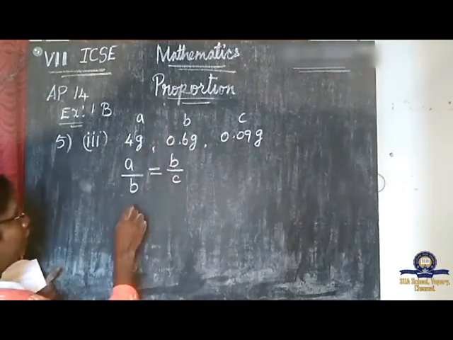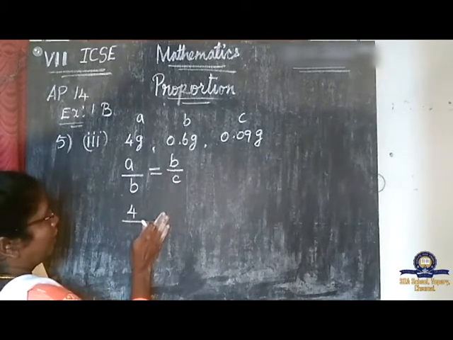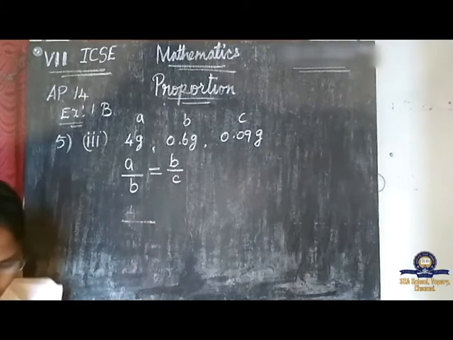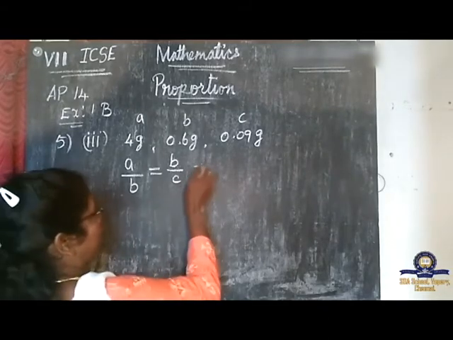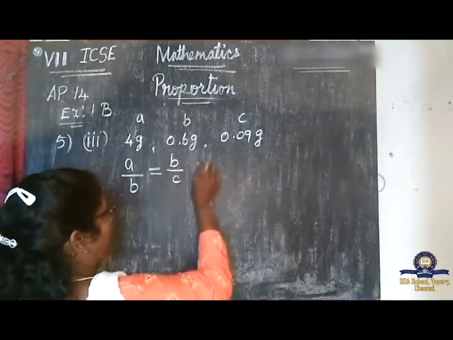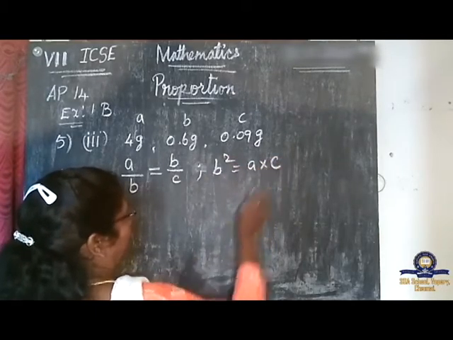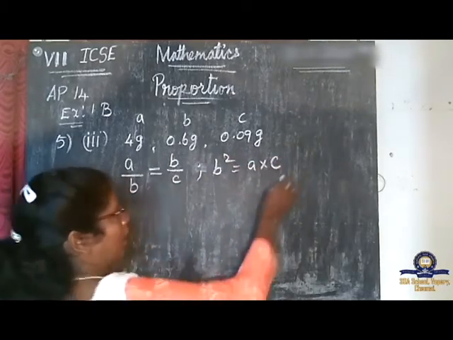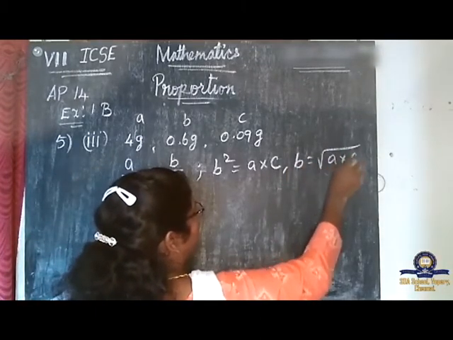What is A? 4. What is B? In another way, this can be written as B into B, B square is equal to A into C. And this can be written as B is equal to root of A into C.